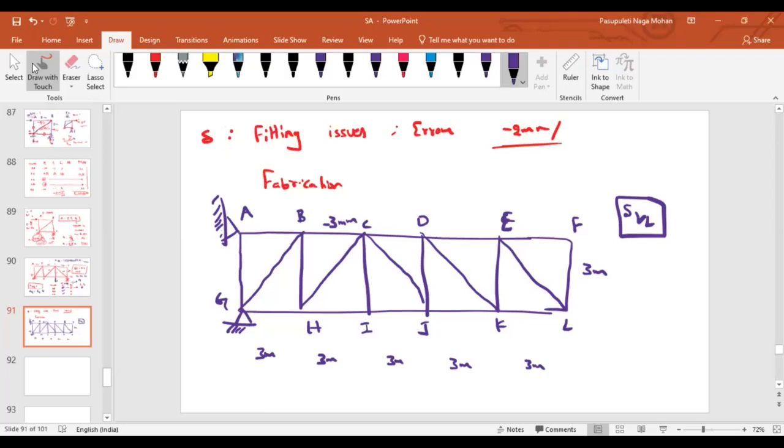Take some time, think about it. Can anybody take a lead? Sir, this minus 3 mm is only for BC member. Yeah.